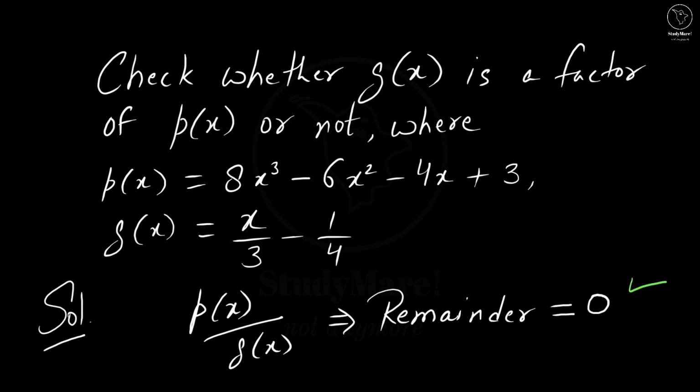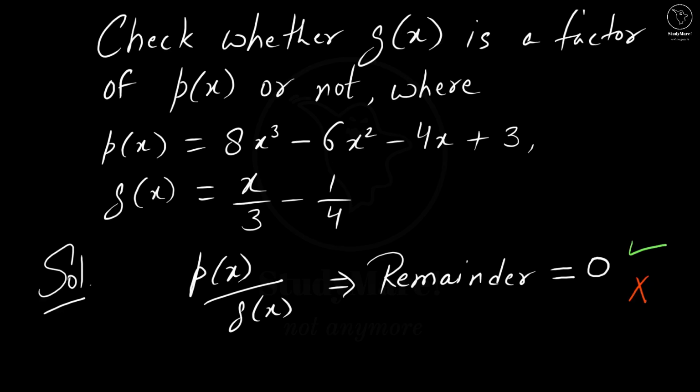If it is not 0, it is not a factor. Now the next part is how to find the remainder. You can use the long division method or you can use the remainder theorem or factor theorem. In fact, factor theorem is just an extension of remainder theorem. So for the sake of simplicity and ease of procedure, we are going to solve it with the help of factor theorem.